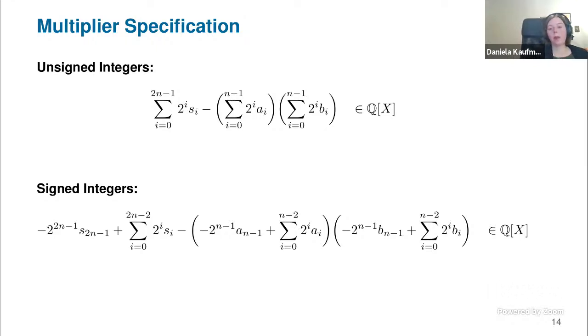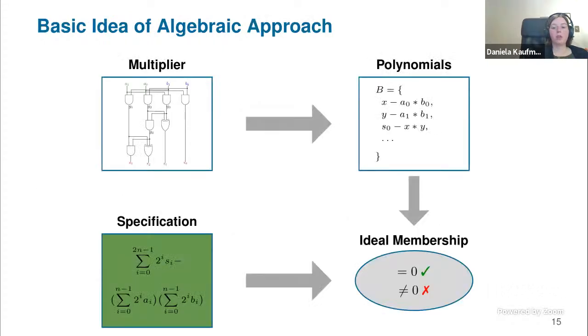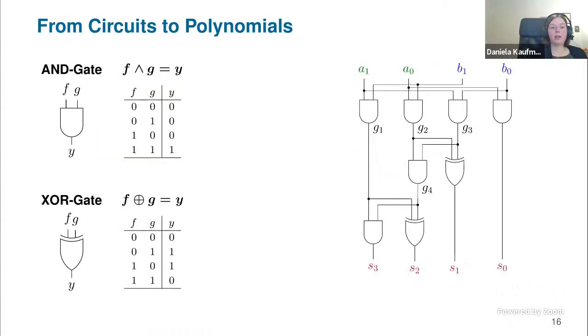So we now have our specification polynomial and our polynomial domain. We can now move on to the second part, namely how we get from the multiplier circuit to its polynomial encoding. There we again take a look at the truth tables of the gates, and we encode each gate by a corresponding polynomial.